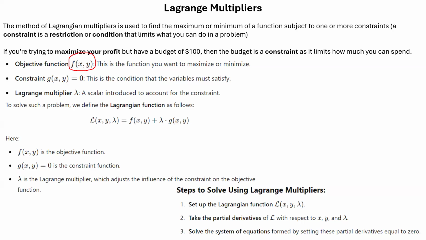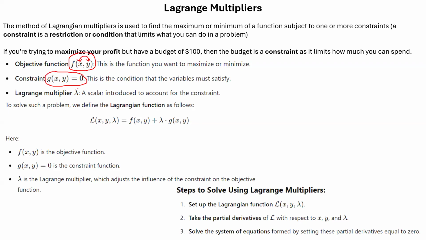Okay. So the function for which you want to find out the maximum or minimum is called the objective function. So a constraint is a condition that variables must satisfy. So these x and y values, which are the maximum point or minimum point, should satisfy this particular function. If not, that cannot be a critical point. Okay, so it should satisfy this constraint.